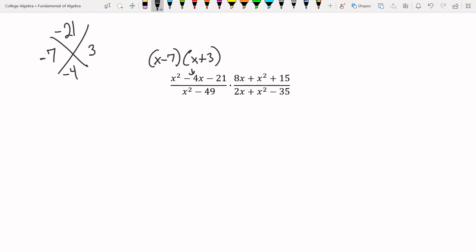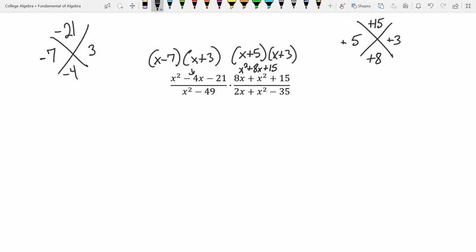Okay, top right. We can rewrite this as x squared plus 8x plus 15. A times c is plus 15. B is positive 8. That gives us 5 and 3. Again, a equals 1, so we can immediately factor it as x plus 5 and x plus 3. The denominator, the bottom left, is a difference of two squares.